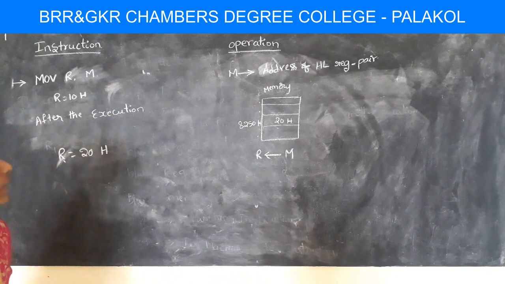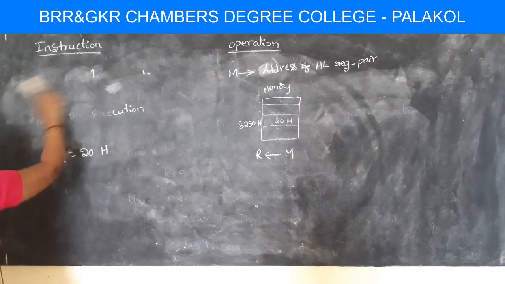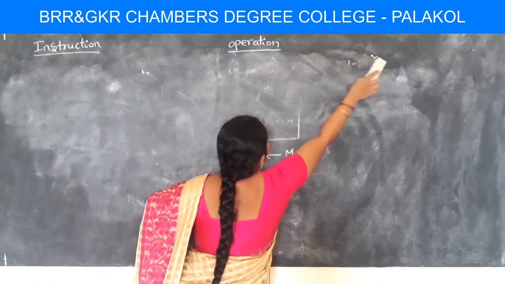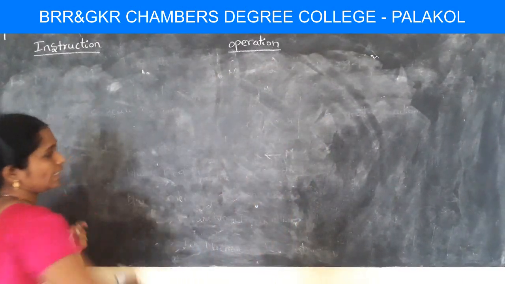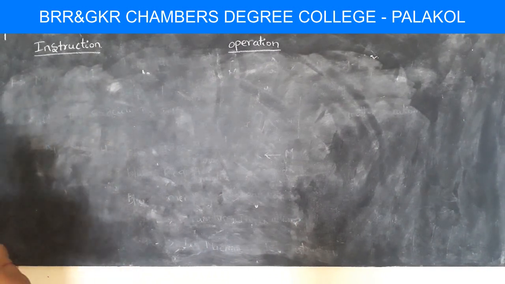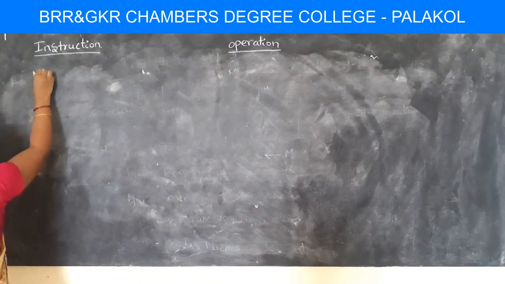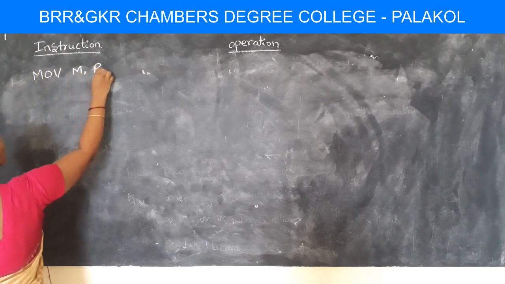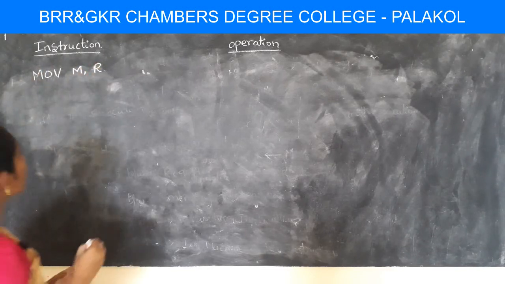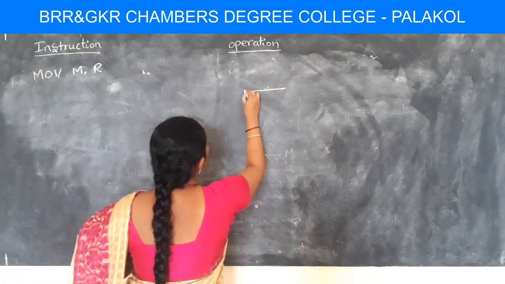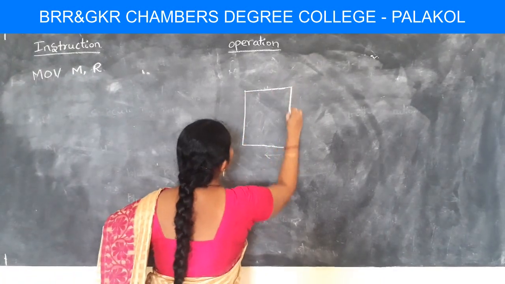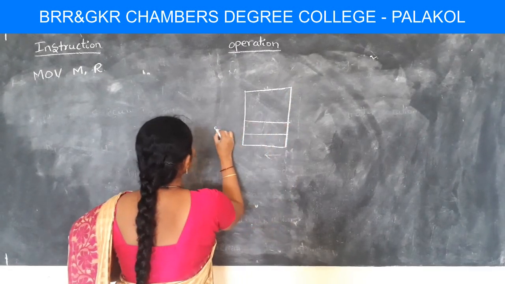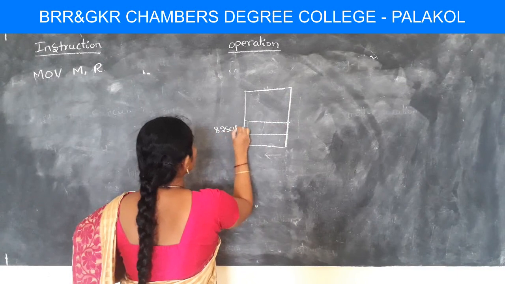After the register to memory instruction is completed, the next one is memory to register. So MOV M comma R. Okay, I already told this, and I will also consider the same example here. Here this is the 8250 address.